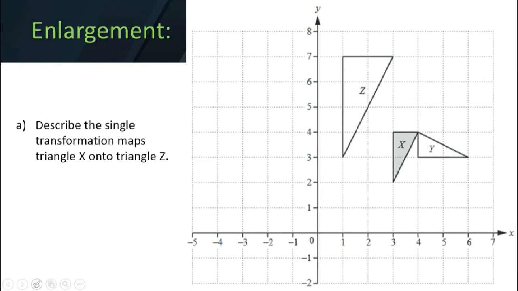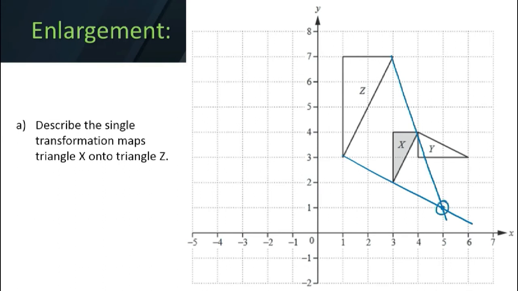So when we join two same vertices, first of all, if we join these two, okay, and then if we join these two, okay, so here we can see that our point of enlargement is (5, 1).